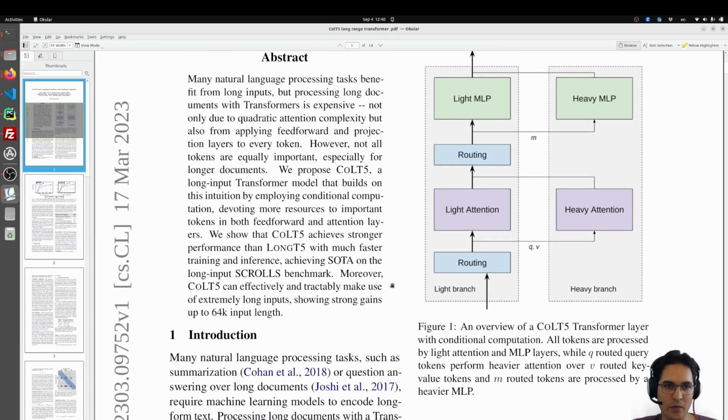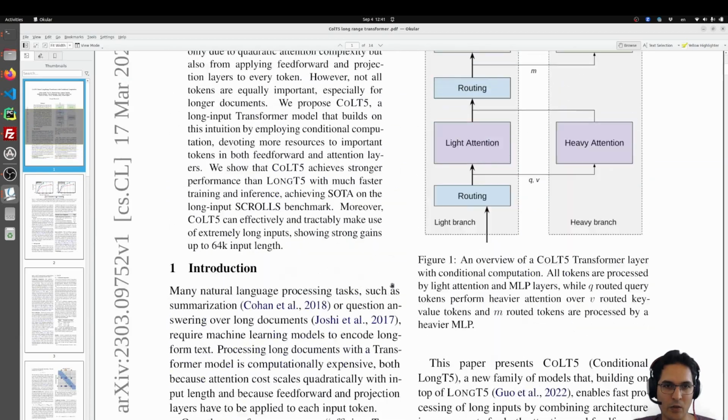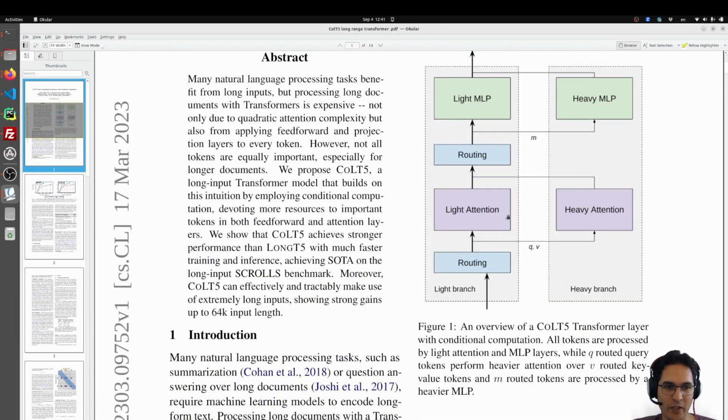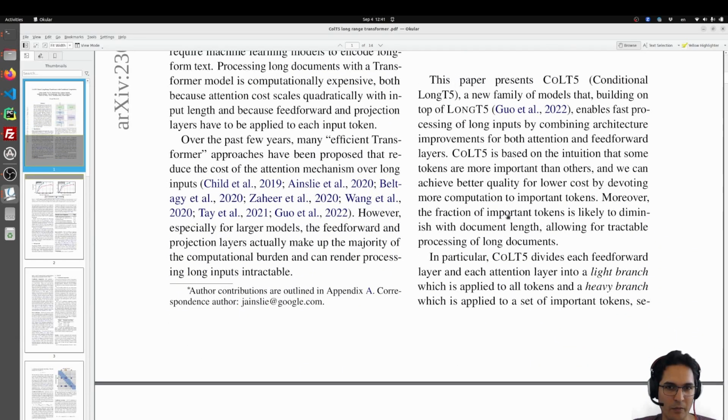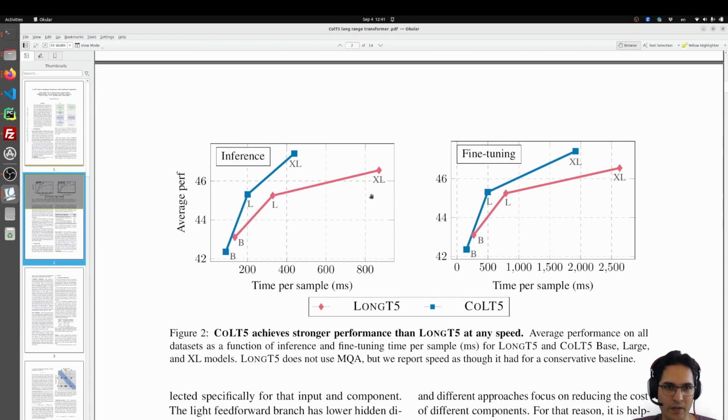Let's go down. I don't want to read the abstract because I already mentioned everything in the diagram here. Let's see this comparison of LongT5 and ColT5. LongT5 is the generation after T5, and it tries to apply the transformer on a longer range by applying localization and sampling, making the input tokens sparse, for example using average pooling or maximum pooling.